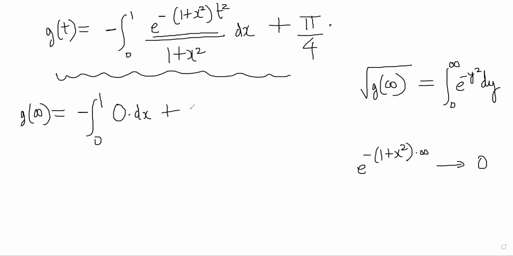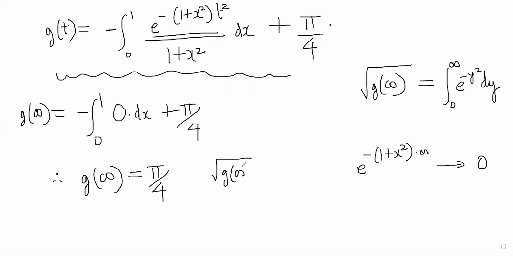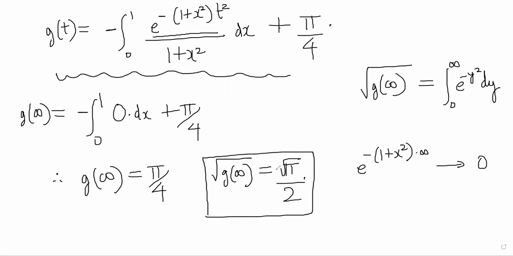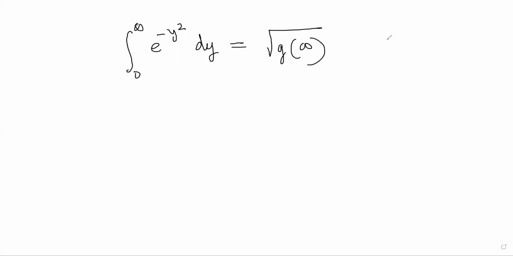So 0 dx plus π/4, and that implies that g(∞) is basically π/4, and therefore root g(∞) for me becomes root π/2, right? And if root π/2 is coming, we have proved now that the integral from 0 to infinity of e^(-y²) dy, which was root of g(∞), has become root π/2.